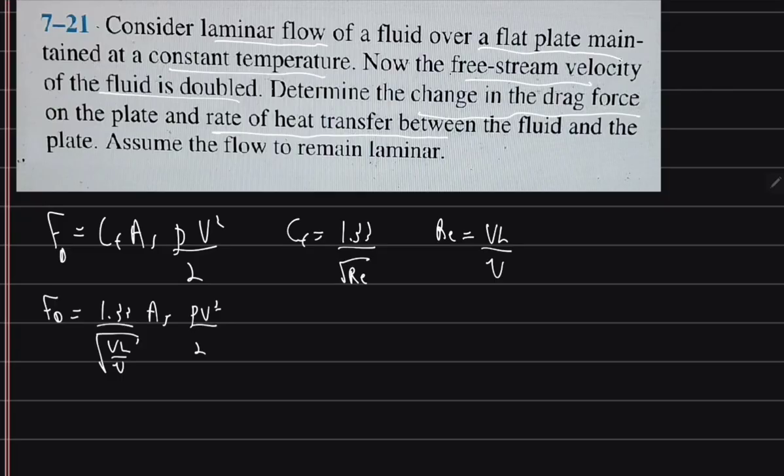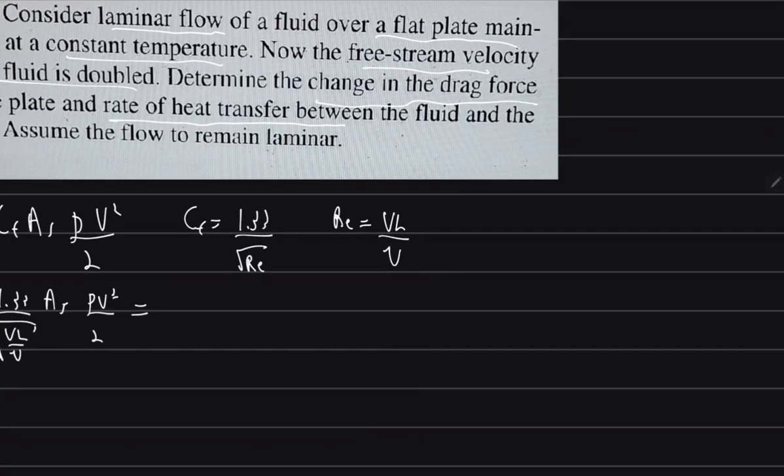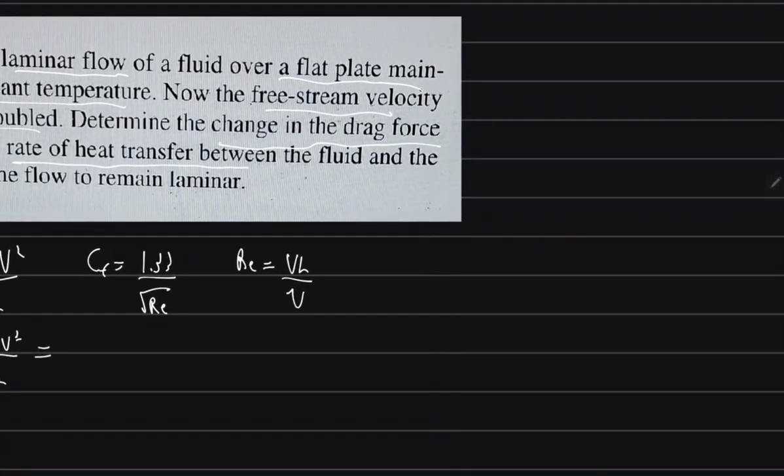There's something I notice here. We have this V squared on top and the square root of V on the bottom, so we can combine these. I'm just going to do a little bit of exponent review here. We have x to the 0.5 on the bottom and x squared on top, where in our case x is v.